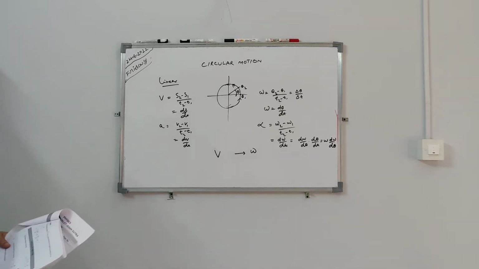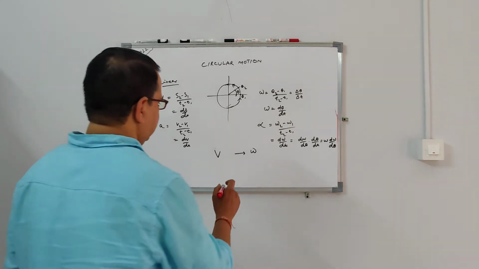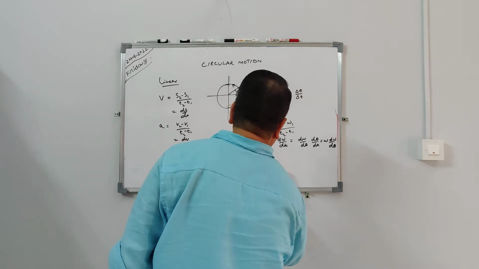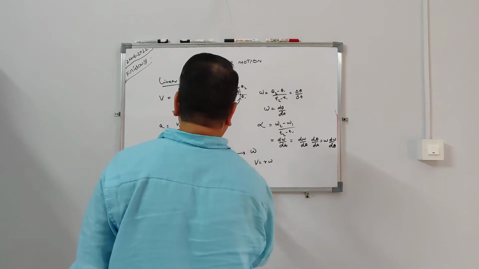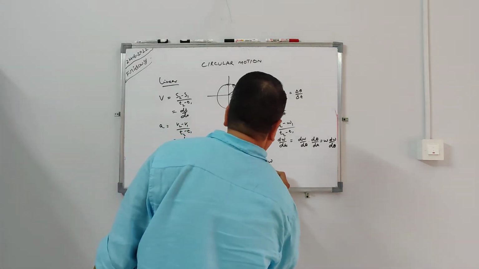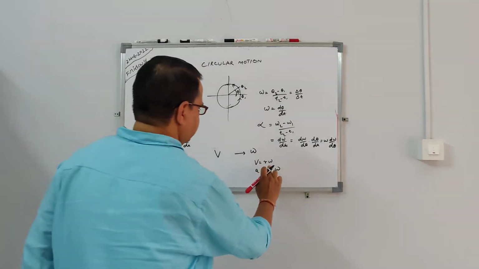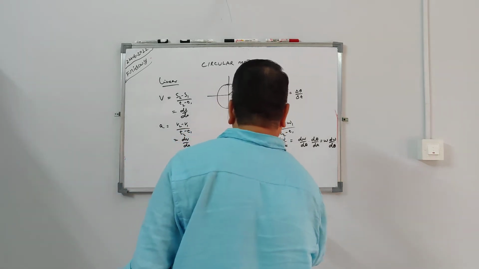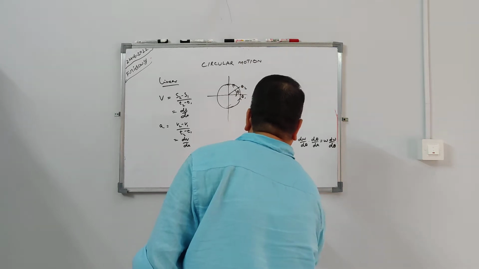We are not deriving it now, so just remember that v is equal to r omega. Similarly, the acceleration a is equal to omega square r. So omega r and omega square r.